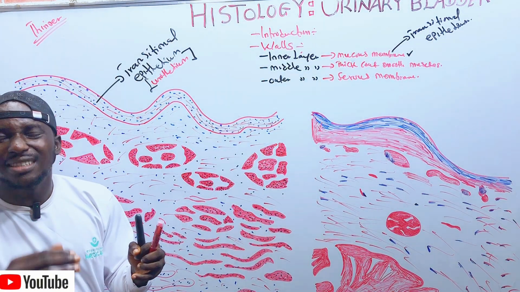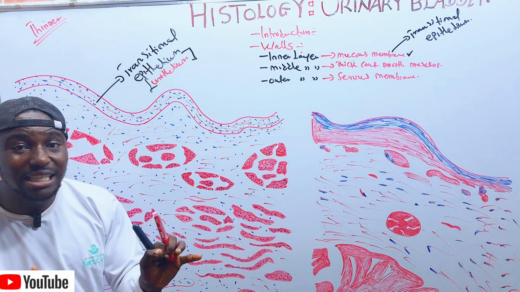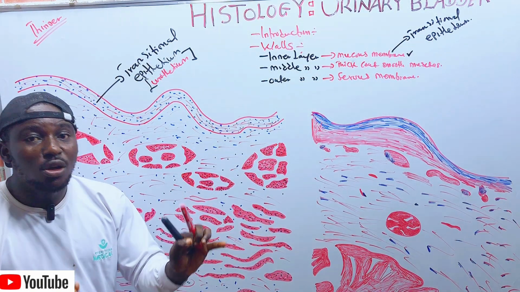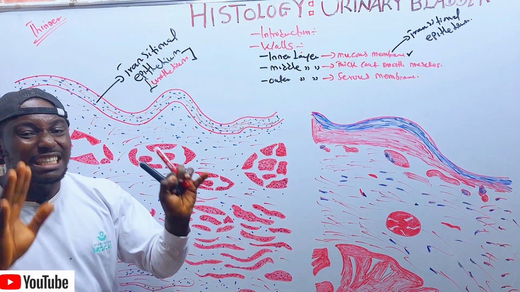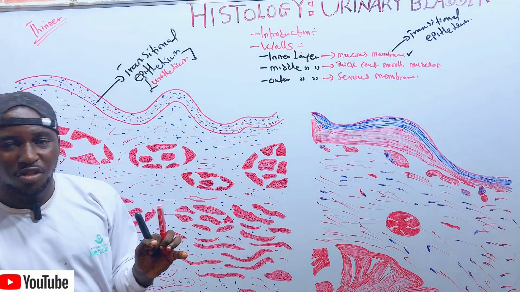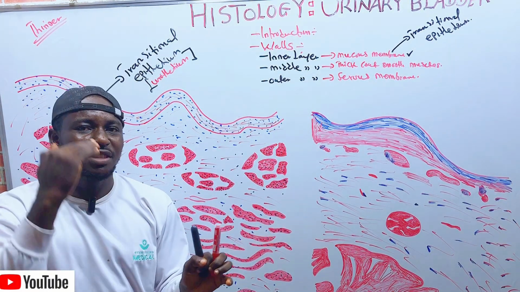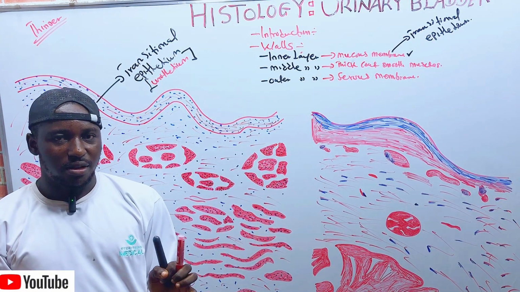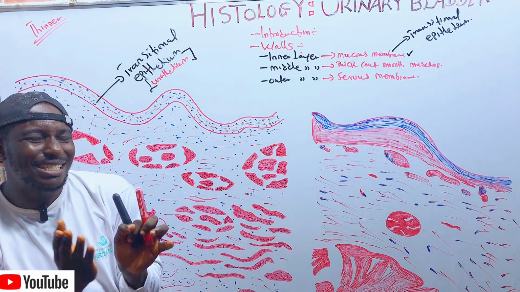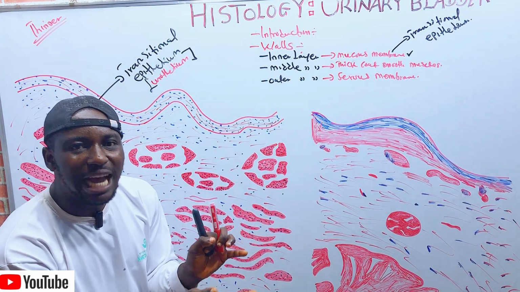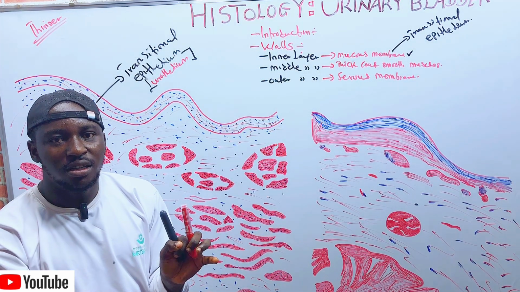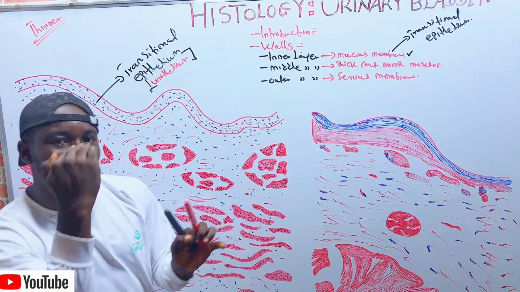Because if you have read or watched videos about epithelial cells, this transitional epithelium does not have a single layer of cells. It has several layers of cells. That is why it is classified under stratified epithelial cells, which have several layers of cells.